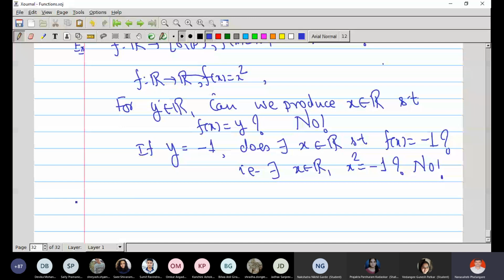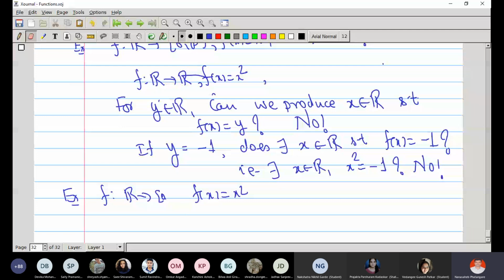But if I modify my function, so f from R to the non-negative real numbers, f from 0 to infinity, f of x is equal to x square, the same function, but I have just modified the codomain.